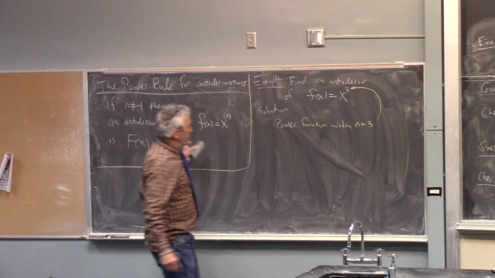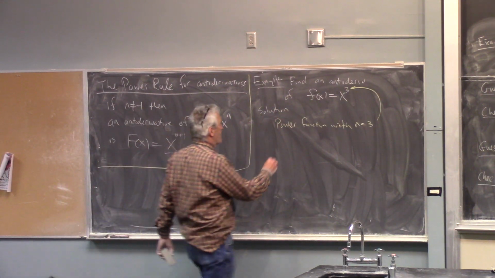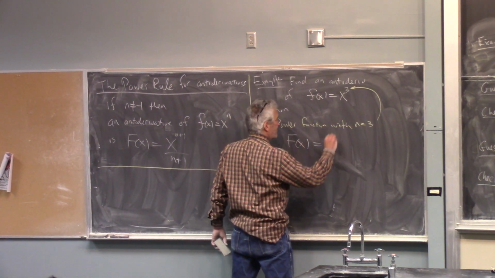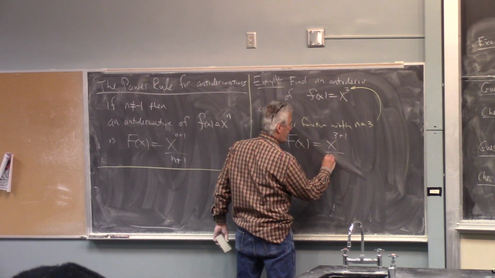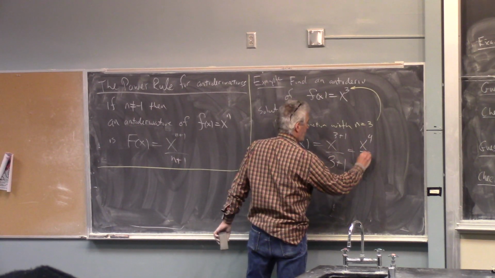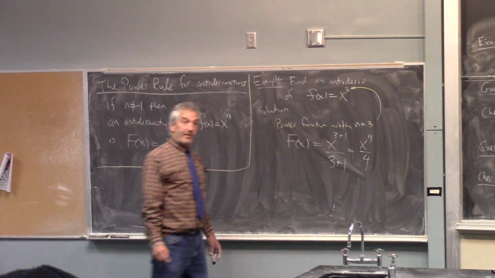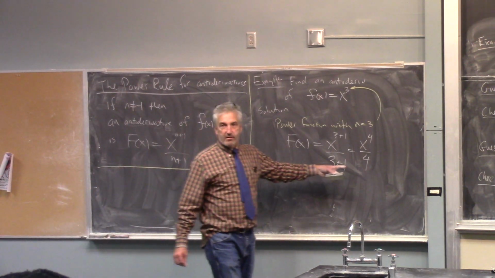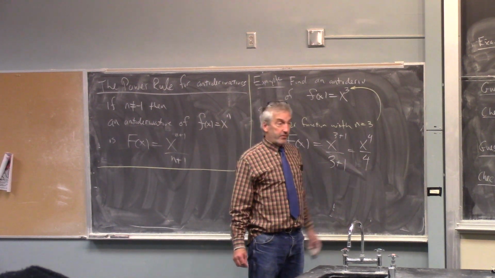So we're going to use this rule. So we're going to have capital F of x equals x to the 3 plus 1 over 3 plus 1. So that's x to the 4th over 4. Oh, we did that a while ago. We found an antiderivative of x cubed was x to the 4th over 4. That's a particular antiderivative.